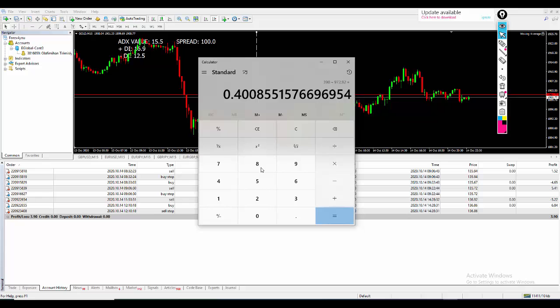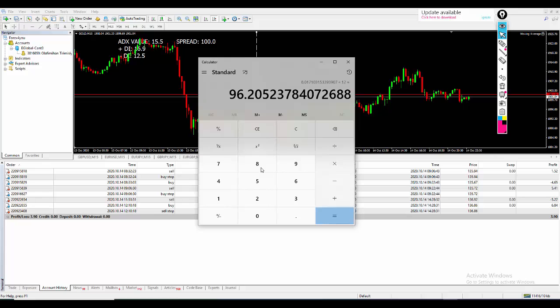If I multiply this by 20 trading days, that means in a month I should be able to get 8%. And if this happened for 12 months, that means I'm going to get 96% of my capital. Please guys, 96% of my capital is huge. You can never see any fund manager or any investment you can do nowadays that can give you as high as 96%.